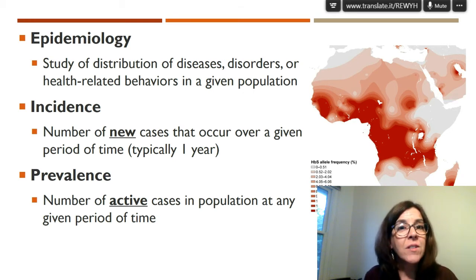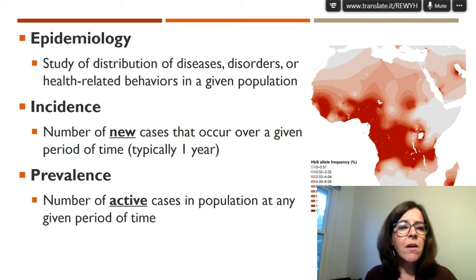So it's a count, it's a number. In contrast, prevalence reflects a proportion of active cases in a population at any given period of time. When I say proportion, you might think about percentages. So a percentage of how many people actually have a case, how many have a disorder that we're talking about.